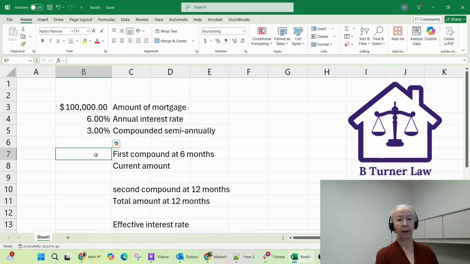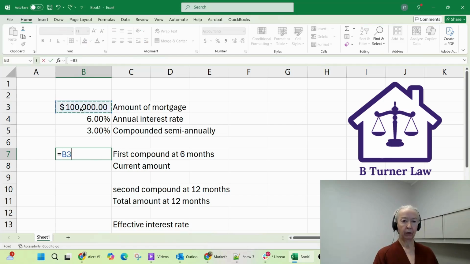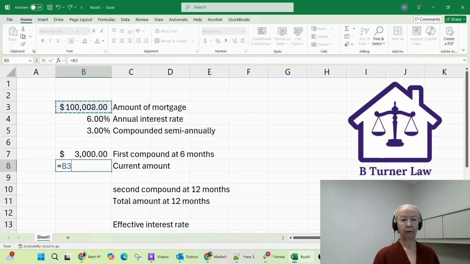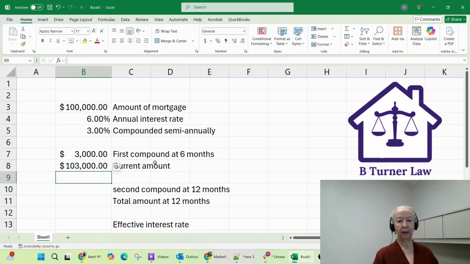So if the first time we compound is at 6 months, that would be equal to the mortgage times the semi-annual interest rate, giving us a total amount of, for instance, in this example, a $100,000 mortgage plus the compounded amount. At 6 months, we'd have a current amount of $103,000.